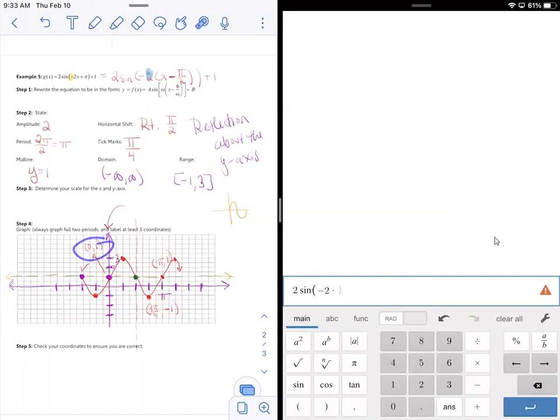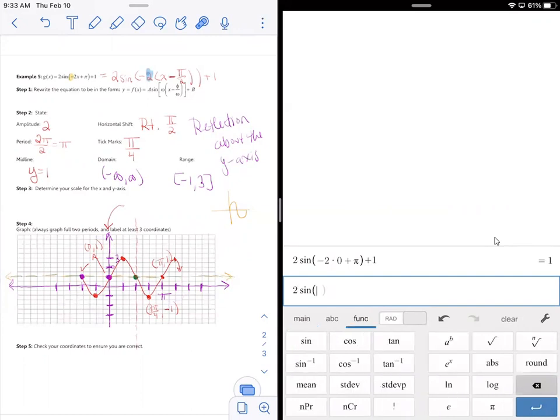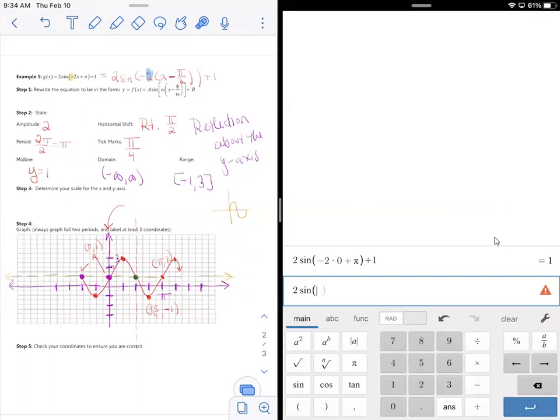So I'll do that 0, 1, 0 plus pi. And then if I add 1, good, I get out 1. Let's try another one. 2 sine, then I'm going to do -2 times. So I'm going to go ahead and put in this one.